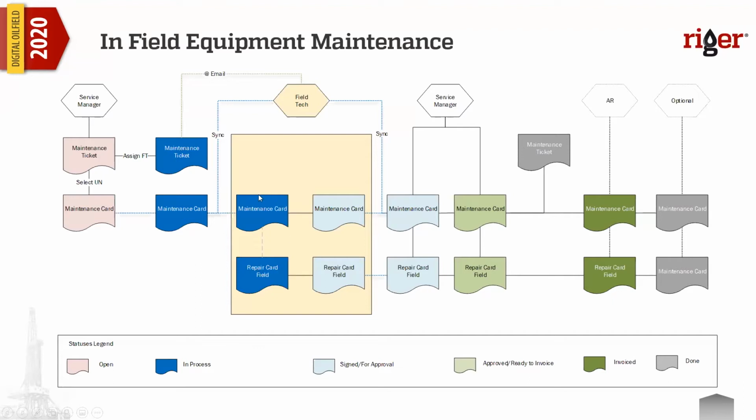And again, once the status of the ticket and maintenance card is changed from in process to signed or for approval, the ticket gets synchronized with the cloud application, and then the work continues on the desktop application by the service or operations manager.